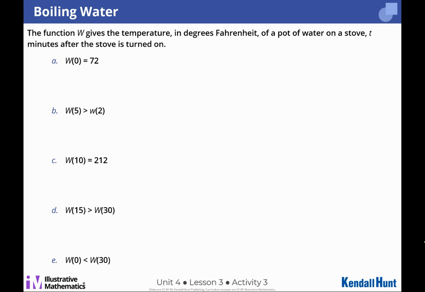So we're looking at examples of W of T. Okay, so T is the input. It represents the time, T minutes after the stove is turned on. So T is the input, and then the output is the water temperature.